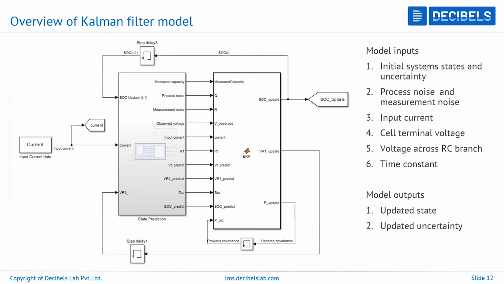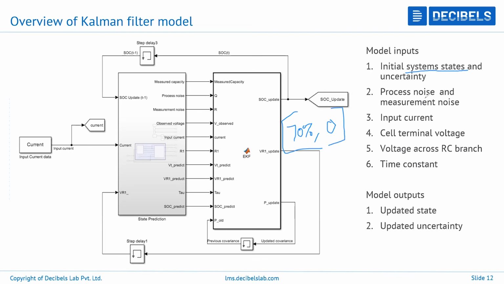The initial system state, for example, is an initial value for SOC. Let's assume that the SOC is initialized as 70%, and the voltage across the RC branch is given as 0. This is just an example of the initial system states that you can provide.